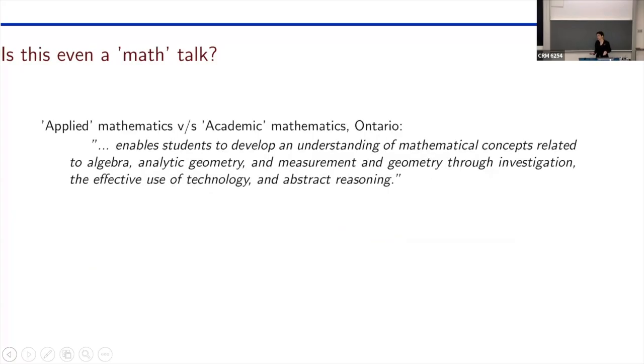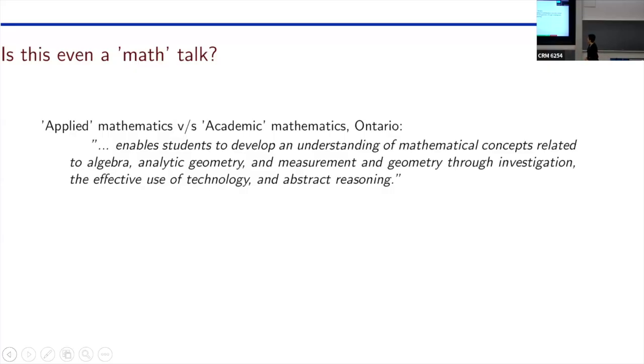So at this point, it's a good question to ask, is this even a math talk? Right? So this is like a digression. In Ontario, what they say about applied math is that there's a distinction apparently between applied math and academic math.